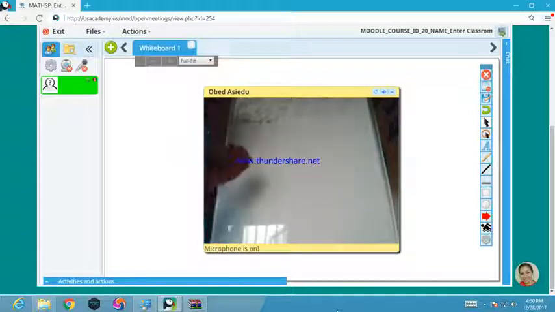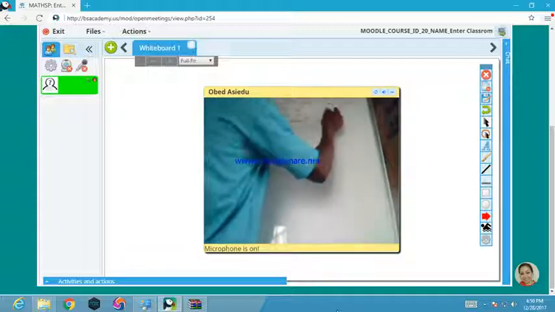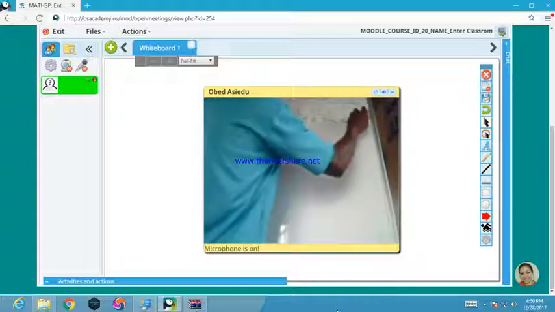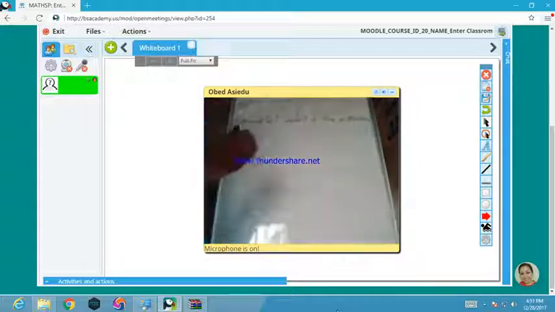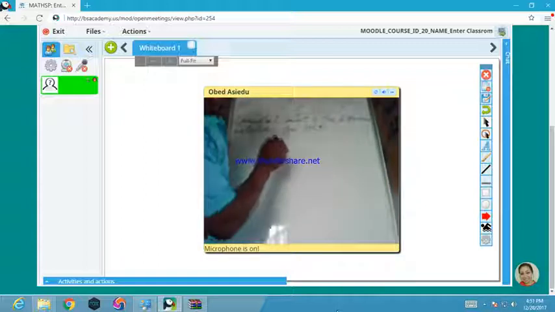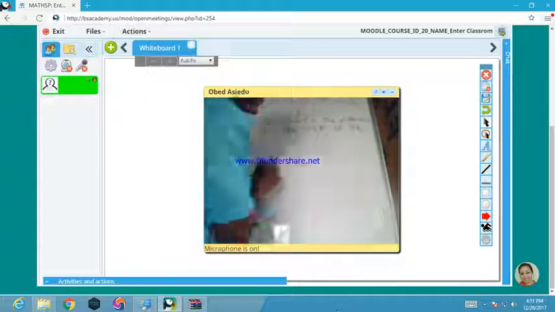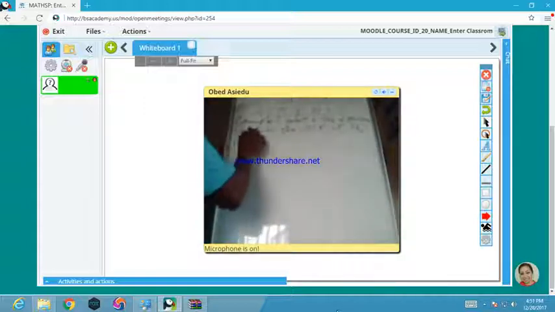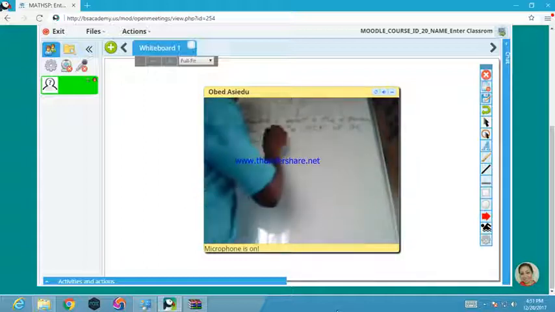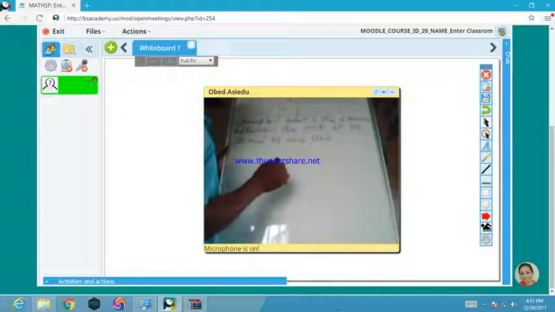Example 3. The question is, what is the difference between the HCF of 36, 30, and 60 and their LCM?